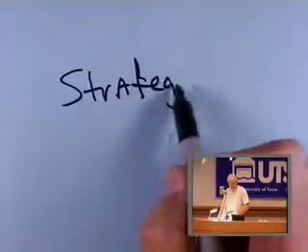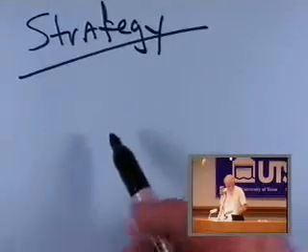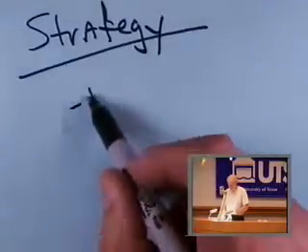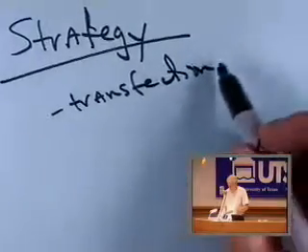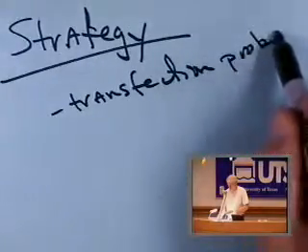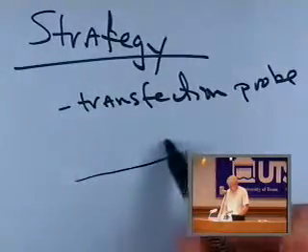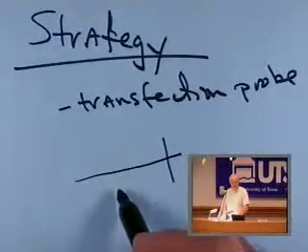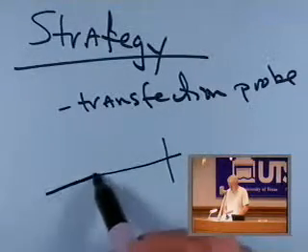There's always strategy in design. So the strategy to design your transfection probe. So we have a promoter region of interest. We said it can be of whatever length, and we're going to manipulate that.